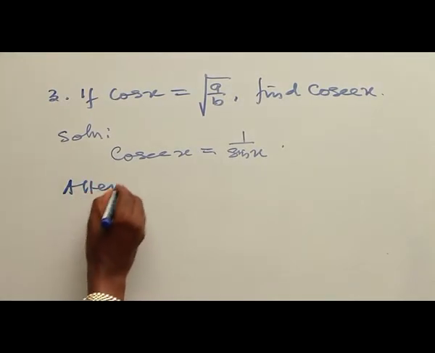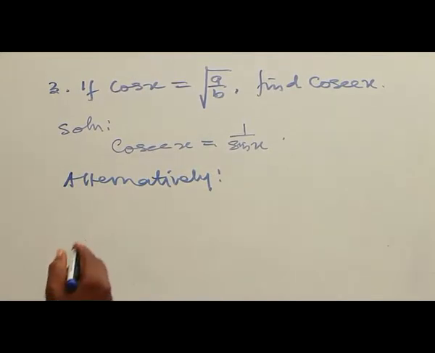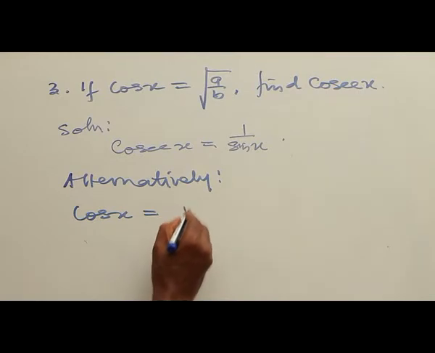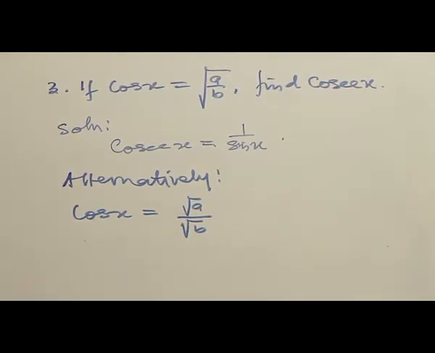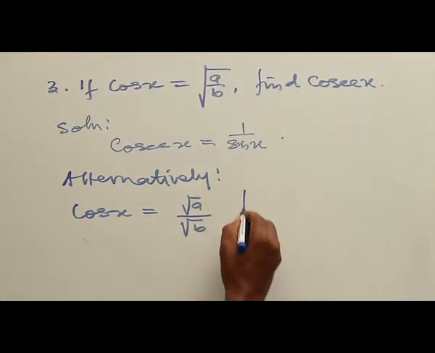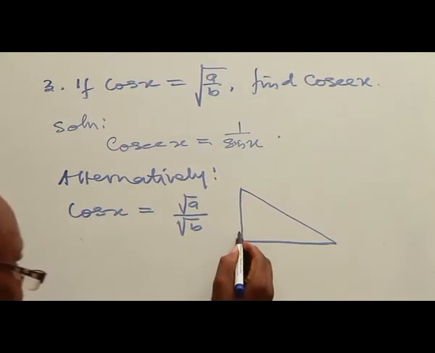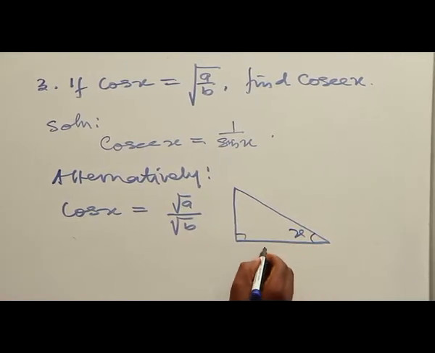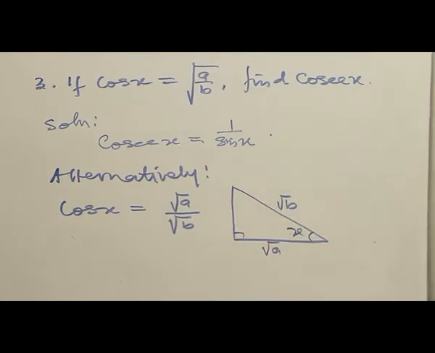Alternatively, we can solve the problem as follows. Here you have cos S equal to root A all over root B. Now, we sketch a diagram to represent this. This is your right angle, and this is the angle S. Adjacent over hypotenuse defines a cos.